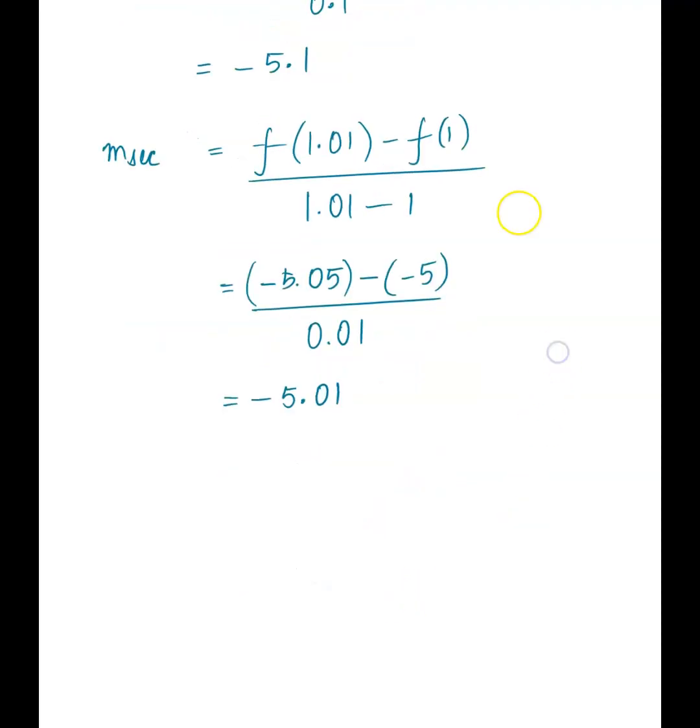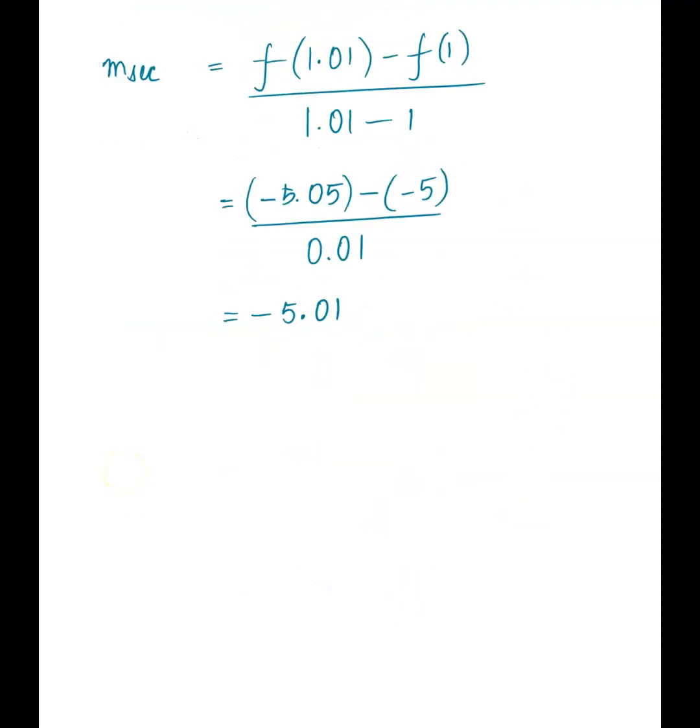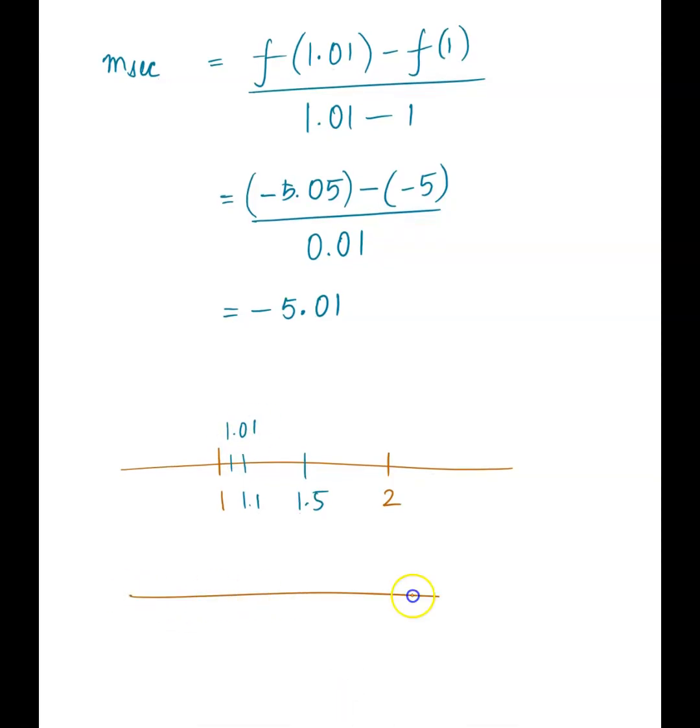So what we see is that if I kept my interval, so I'm just going to zoom in between 1 and 2, right? So we had 1 and 2, then we reduced it to 1.5, then we said 1.1, and then we went to 1.01. But what I'm saying is let's zoom in between 1 and 1.01.